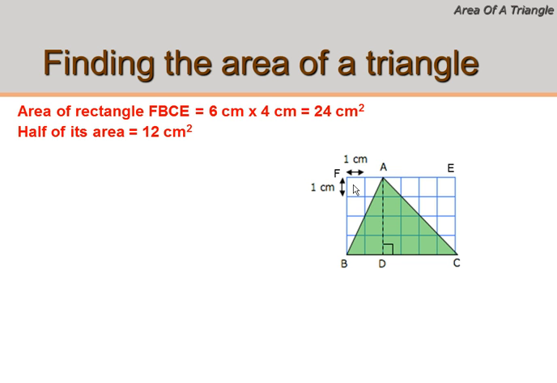Now therefore a triangle within this boundary here is always half. Therefore half of 24 is 12 cm square. The area of the triangle here is half of the area of the rectangle.